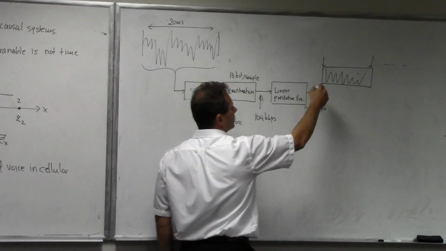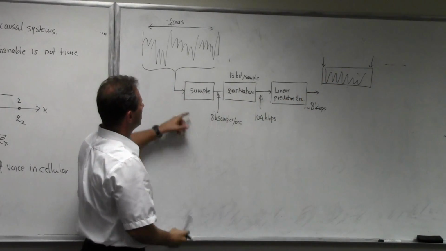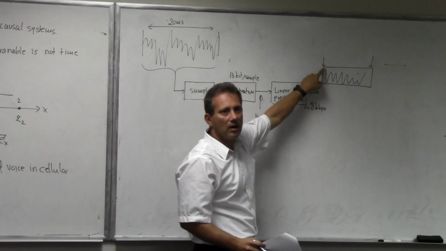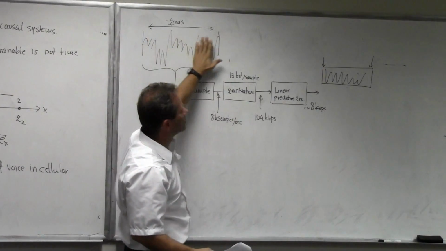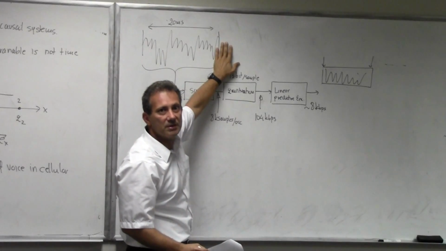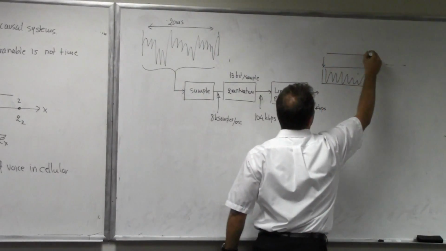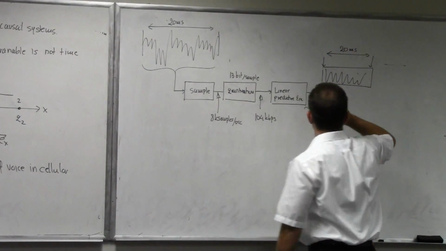But if you look at the output of the system here, in determining what should be the output of the system at that point, all of these other samples here participate. So you still get 20 milliseconds for 20 milliseconds.